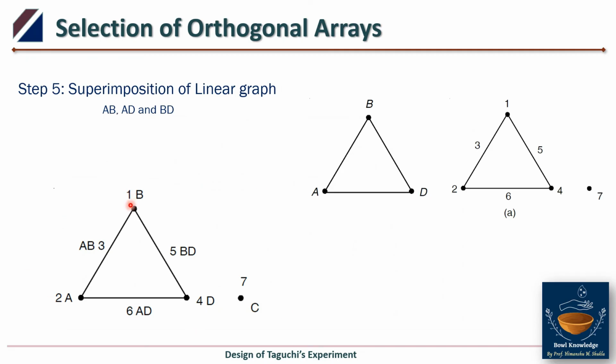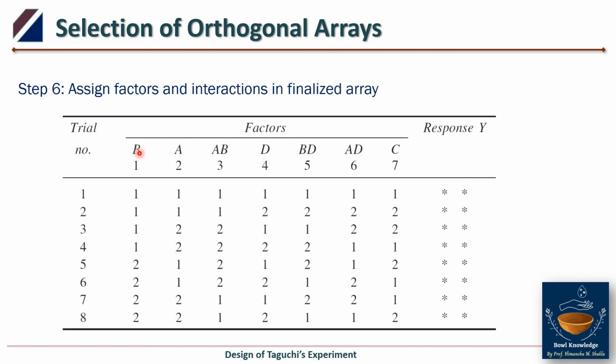So on column number 1 I assign factor B, column number 2 factor A, column number 3 interaction AB, column number 4 factor D, column number 5 interaction BD, column number 6 interaction AD, and column number 7 factor C. So I assign all the factors in the columns.